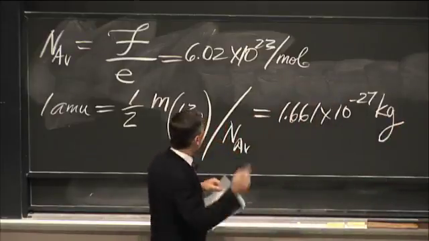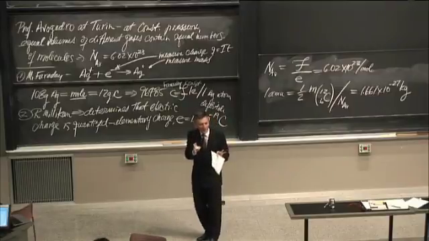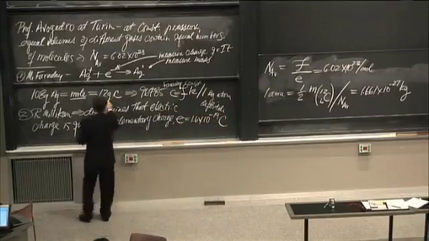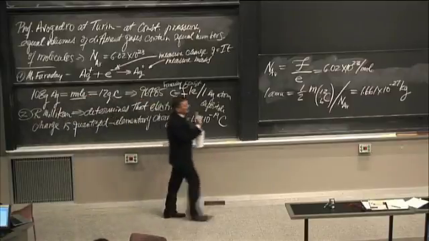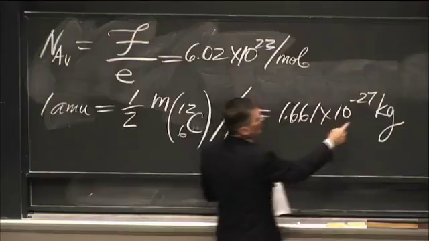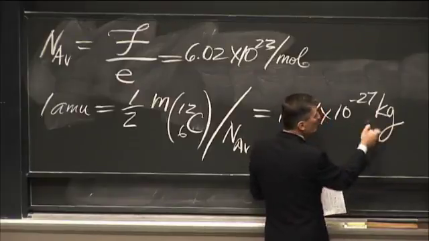Now be careful because the system's just a little bit rickety. We went SI, but this is still defined as 12 grams. And so sometimes, depending on where you look, this is 10 to the minus 27 kilograms or 10 to the minus 24 grams. Just be careful.